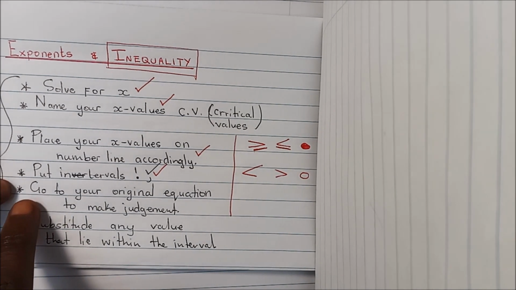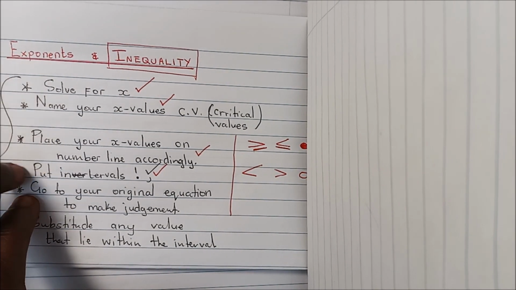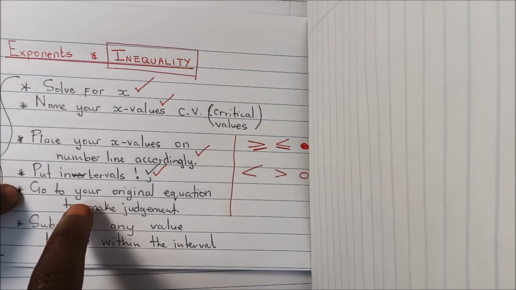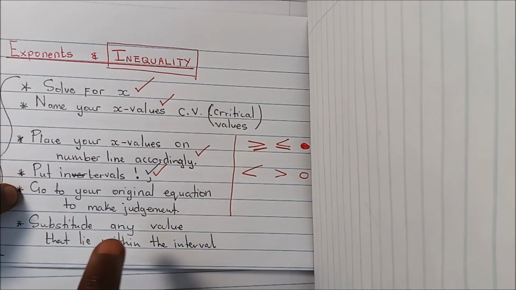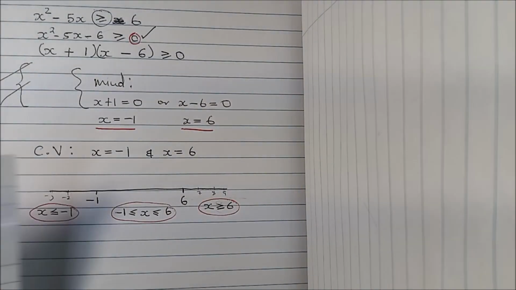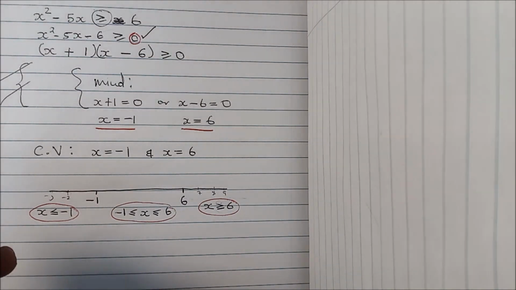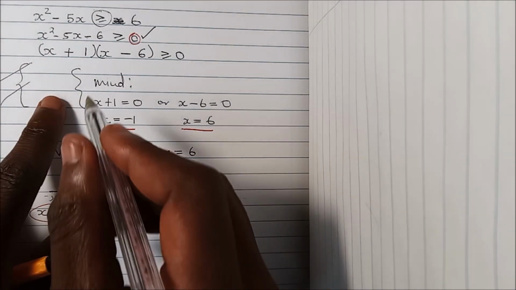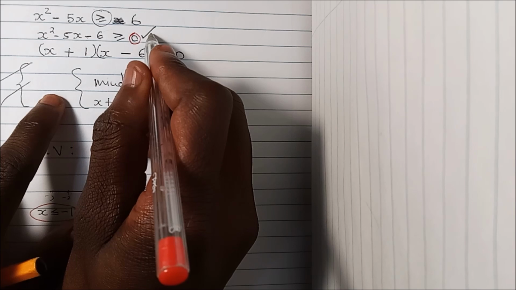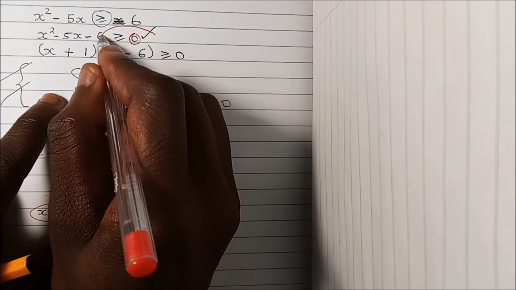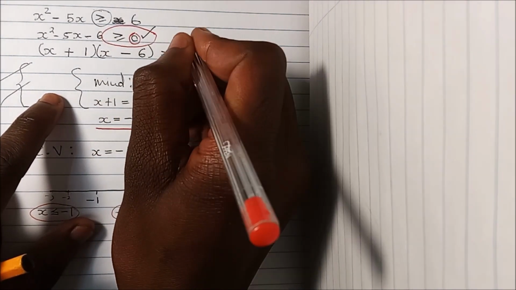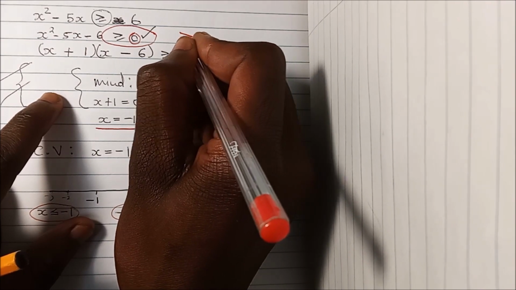And now the fifth point was go to your original equation to make a judgment. So now let's go to our original equation to make judgment. So now this is our equation. We focus on this part. That part is greater than or equal 0.